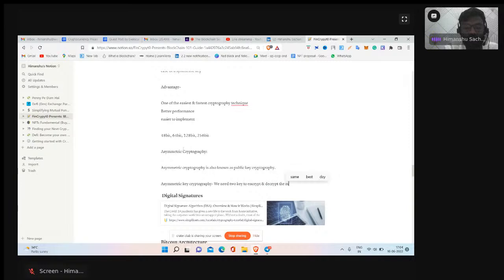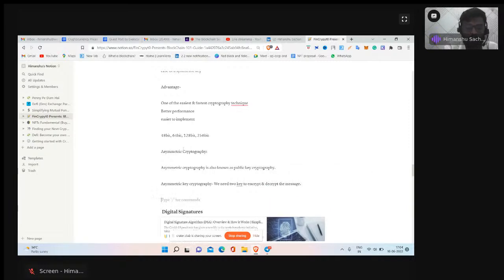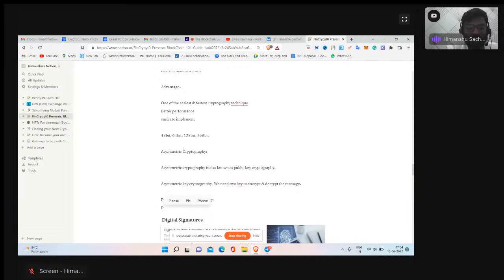There will be a two key architecture, which means one will be a public key that will be used to encrypt the message, and then there will be a private key that will be used for decrypting the message.